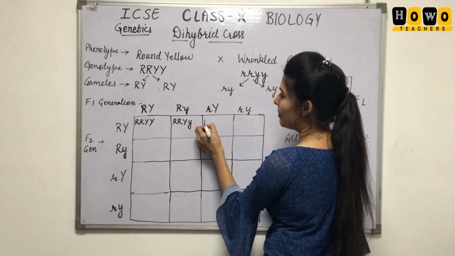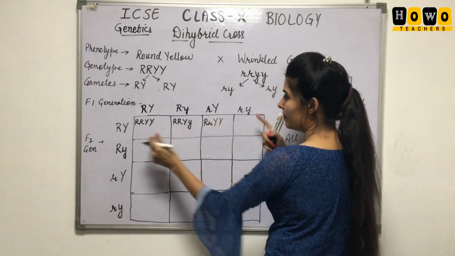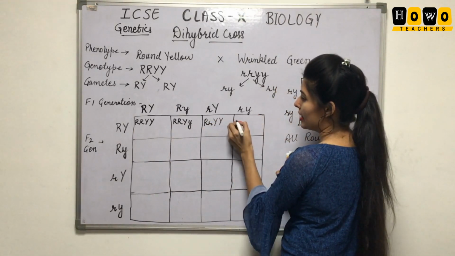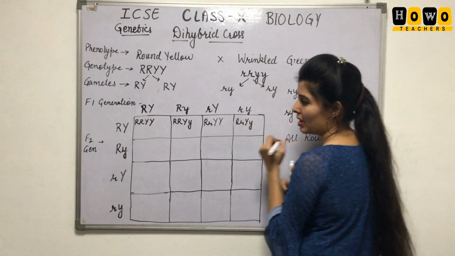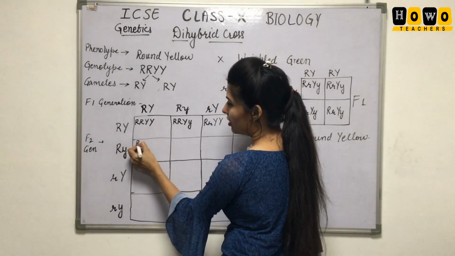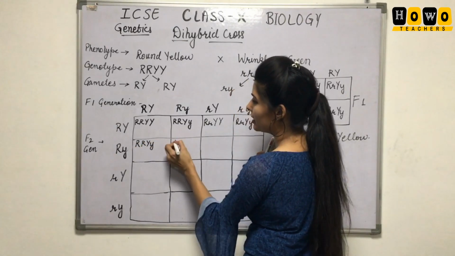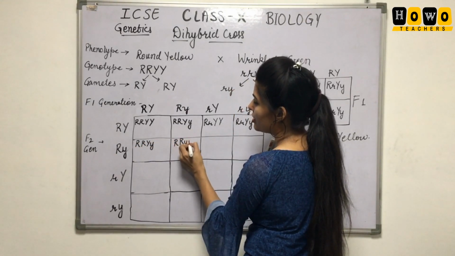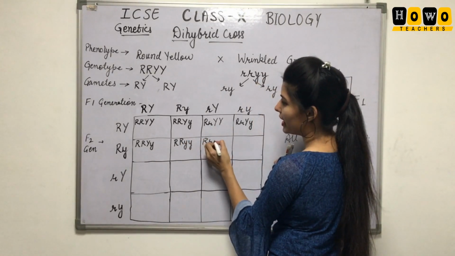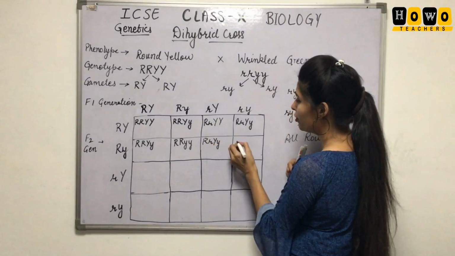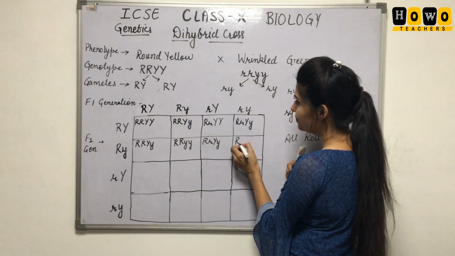These two, capital R, small r, capital Y. This, capital R, small r, capital Y, small y. So similarly I am filling all these out. You have to be very careful while noting these down, because a single mistake can cause a big problem, and again you have to solve the full chart.